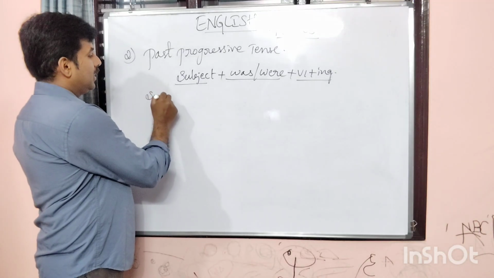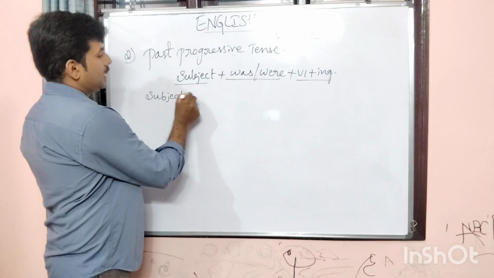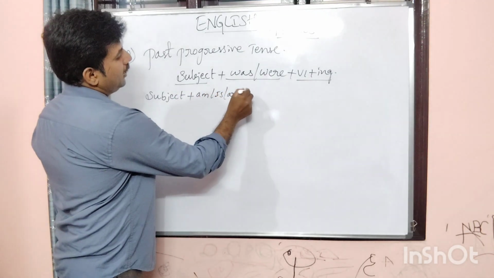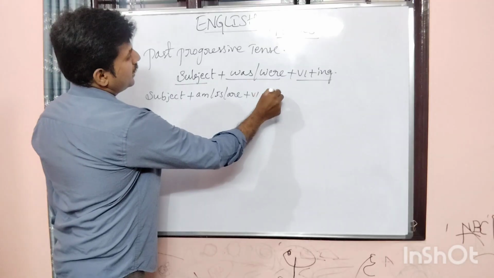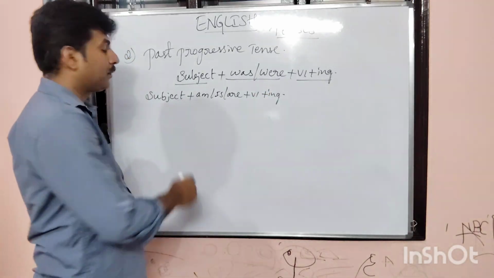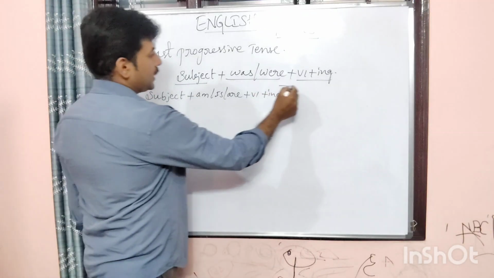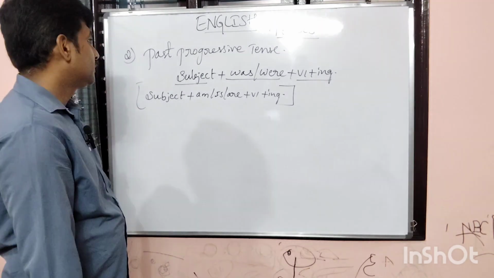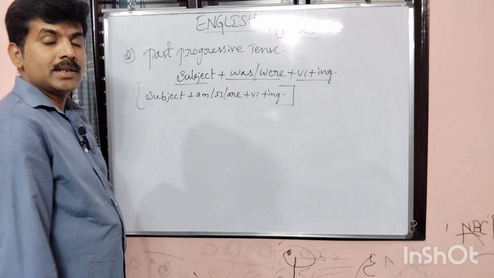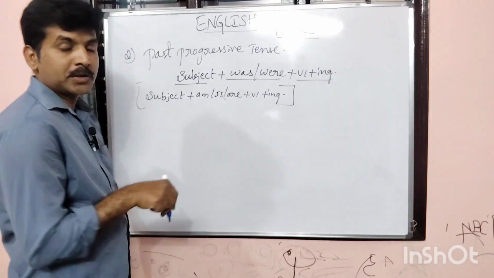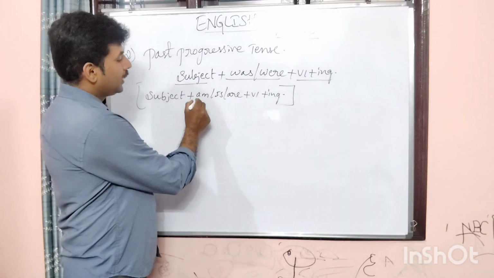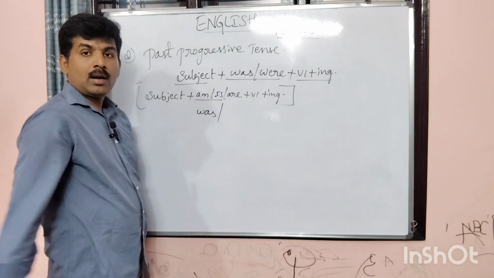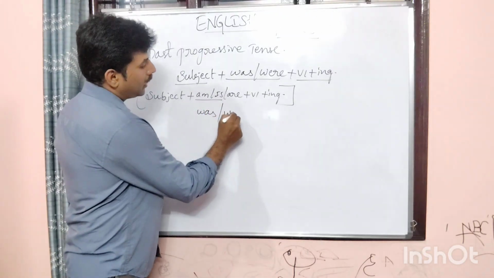What is that? Subject plus am, is, are plus verb one plus ing form. Okay. This is the present progressive tense form. Then we can change it into past form. Okay, they are identified here. Am is changed into was, or changed into were.